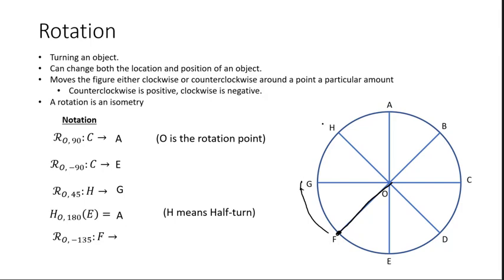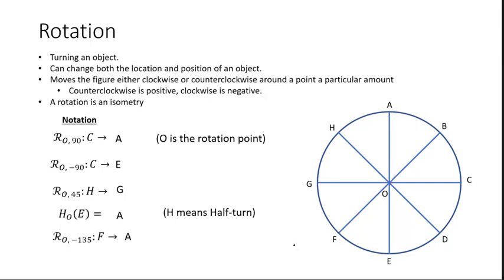Point H, that's 90 degrees. Point A, that's going to be 135. Right, we go by 45 degrees: 45, 90, 135. That takes you over here to point A. That would create a 135 degree angle. So point F would map over here to point A. All right, so that would be your solution to that one. It's going to be point A.